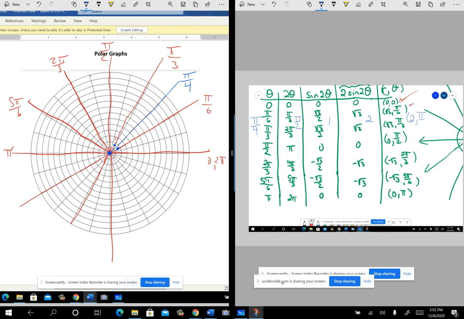So you're going to come up here to pi over 4. That's not pi over 2 though, it's pi over 4. When I'm at pi over 4, which is here, I'm going to be out at 2, which puts me on the second ring out.